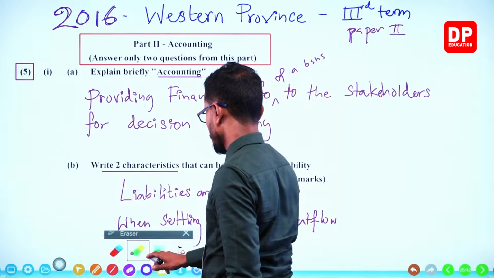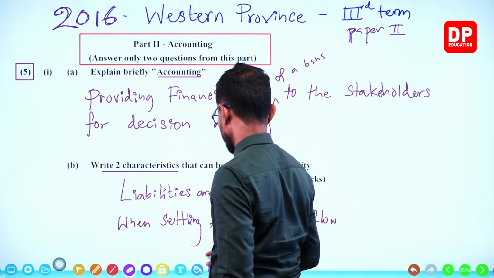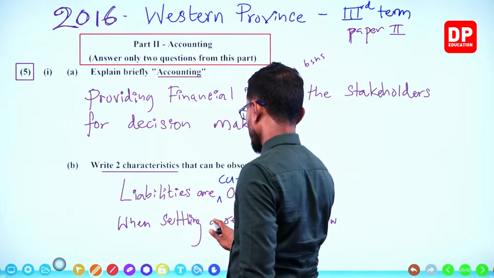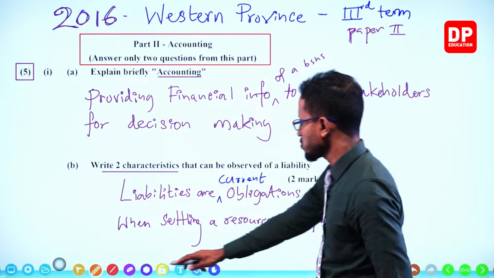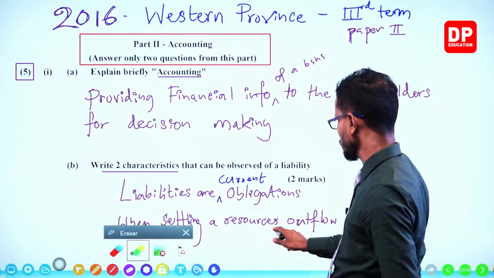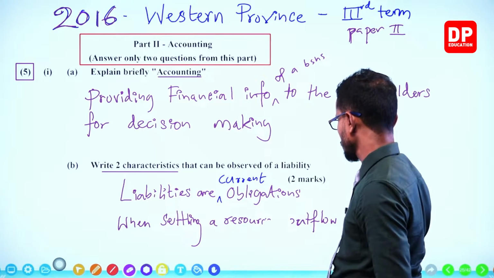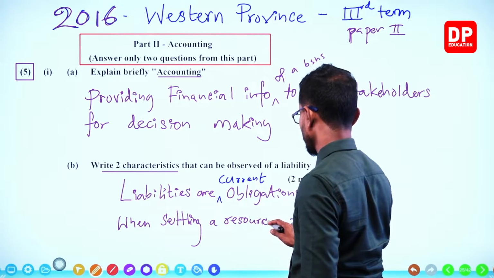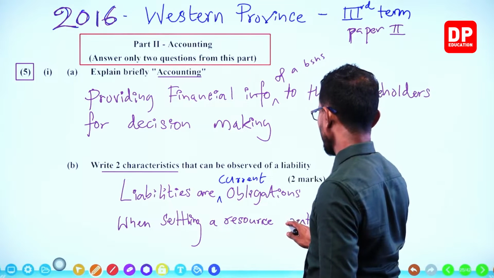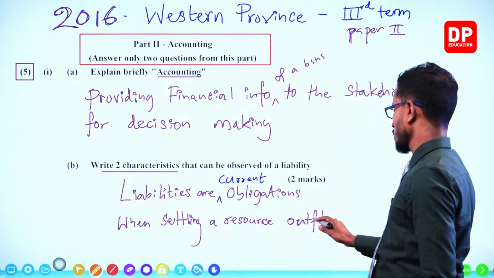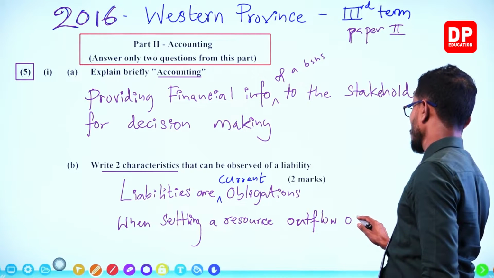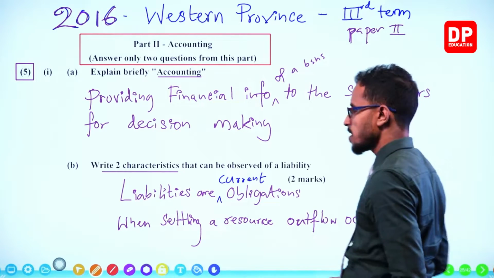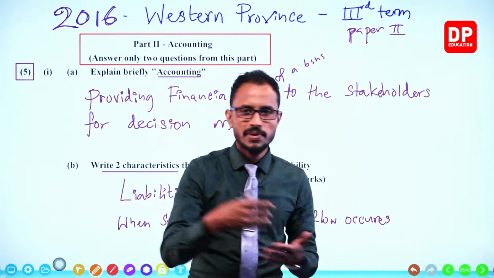When settling, a resource outflow occurs. Resources like cash, you have to pay back.